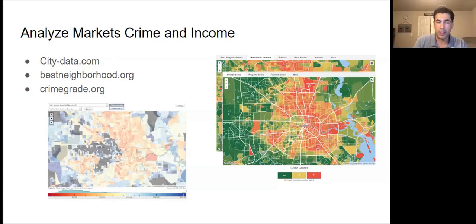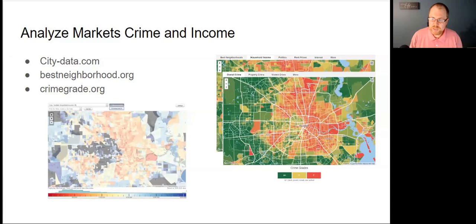You want to focus on the entire market, but you have to focus more specifically on that submarket, because you're always going to have pockets. You're going to have higher income in certain pockets of the city, so you want to focus on where you are going to be investing.